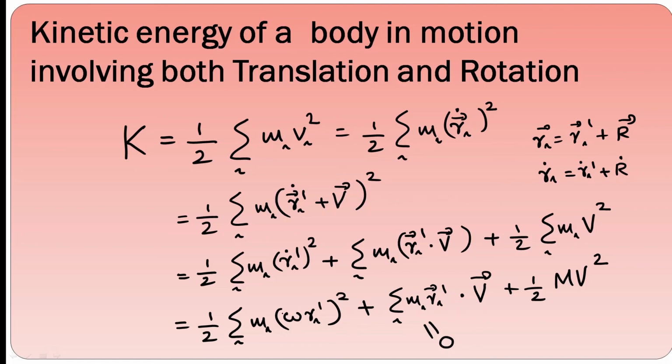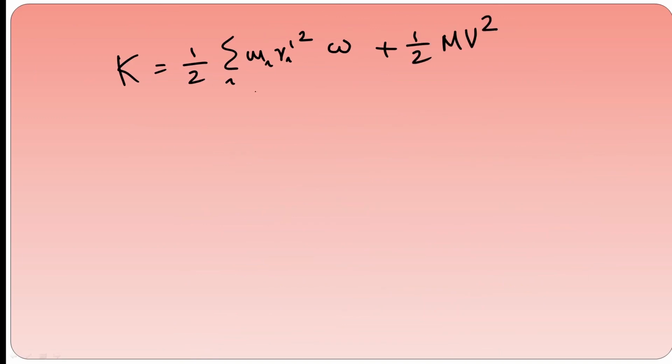Now you can write K equal to half summation over i of m_i r_i prime square omega square, and the second term is plus half m v square.